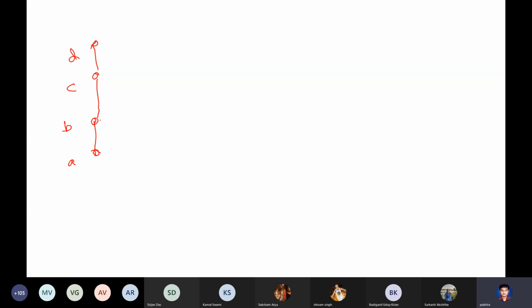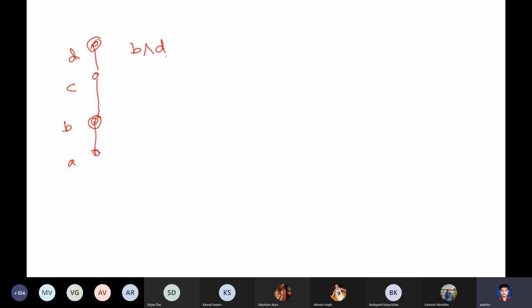So if you take any two elements, let's say take this and this, the least upper bound would be one of them. So if you take, say, B and D, B join D. I really have to remove this confusion about the name.